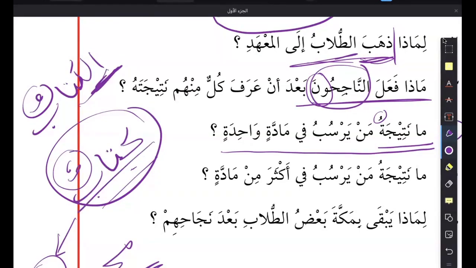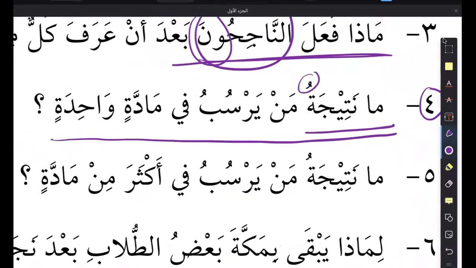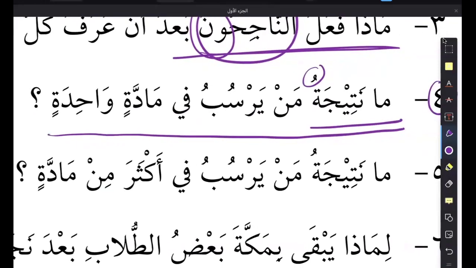Fahimtum? Now going back to here, keeping in mind what I said. So why do you think this is not mamnu' min as-sarf? So why do you think this cannot take tanween? Because this is actually a mudaf. Mudaf ilayhi is not your standard word. Mudaf ilayhi can be a whole sentence. Even in English, when we say book of Muhammad, this is very simple, possessive case, book of Muhammad.